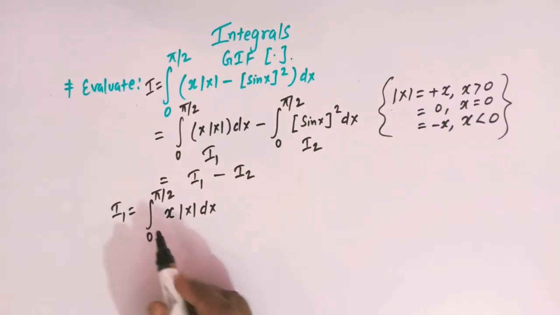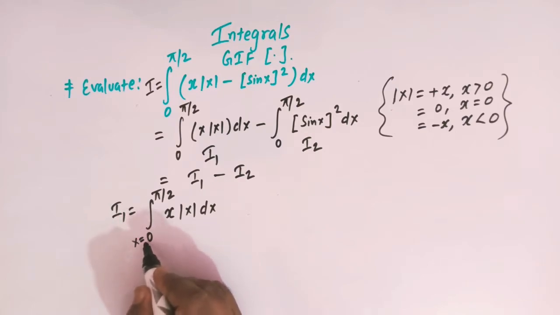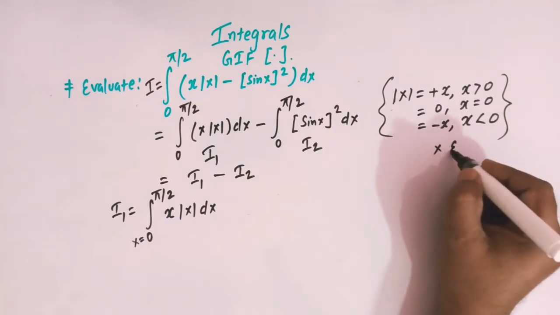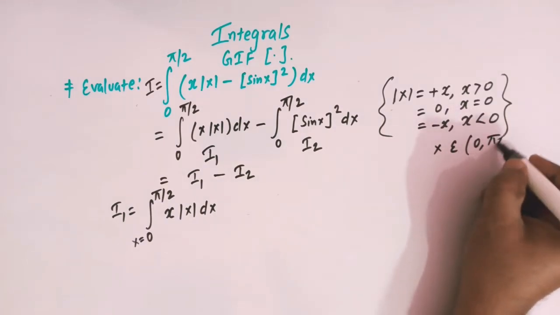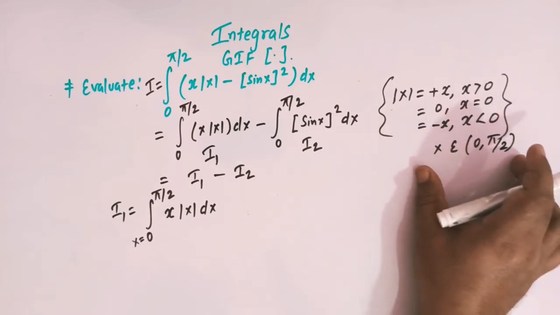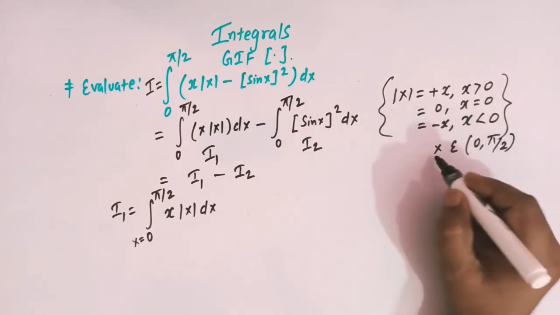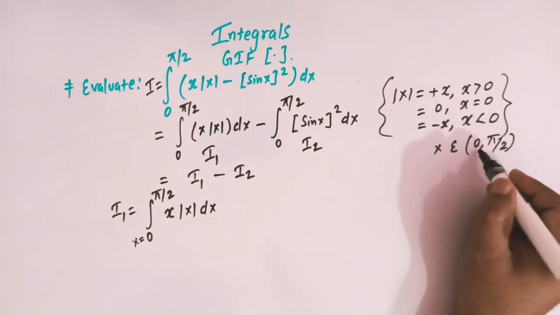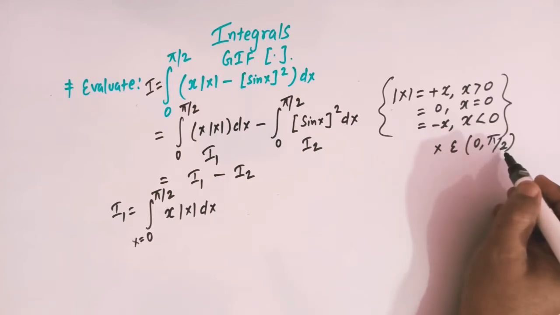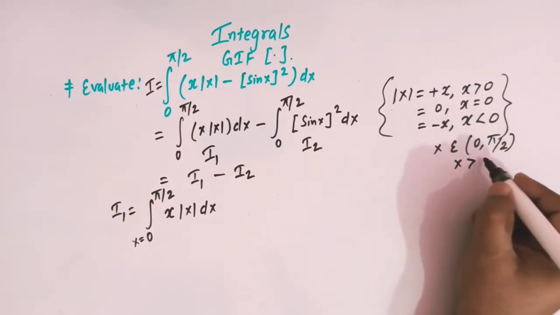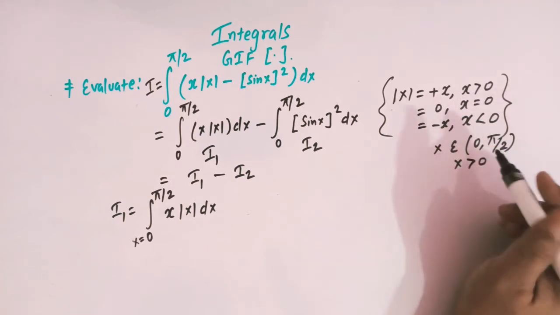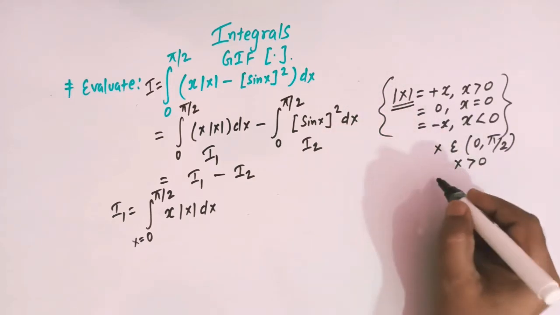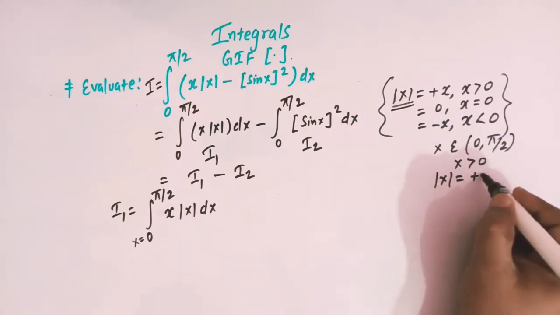So here we see that the limits of integration vary from 0 to pi by 2, and when x belongs to this interval, all the values of x are positive, right? So x is greater than 0 in this interval, that is 0 to pi by 2. So we'll take the definition of mod x as equal to plus x, right?